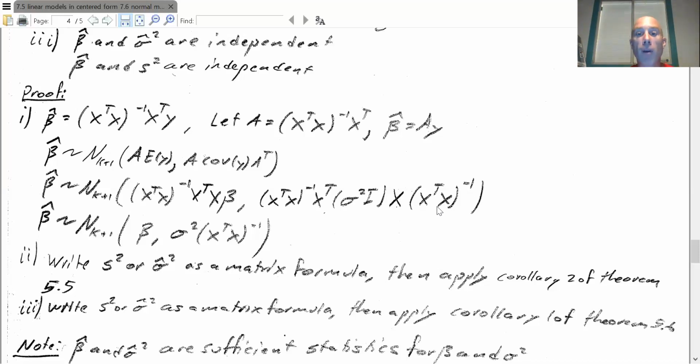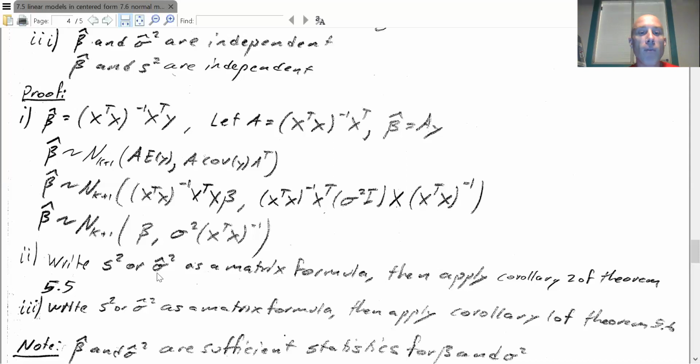Now as I'm looking at this, scalars factor out, and the identity doesn't do anything. So I have X transpose X inverse X transpose X. X transpose X inverse times X transpose X cancels out. What's left? Sigma squared and then X transpose X inverse. Boom, we got it.